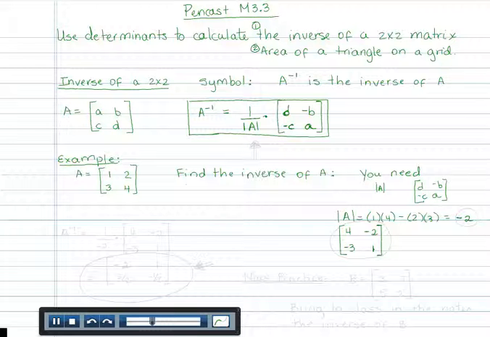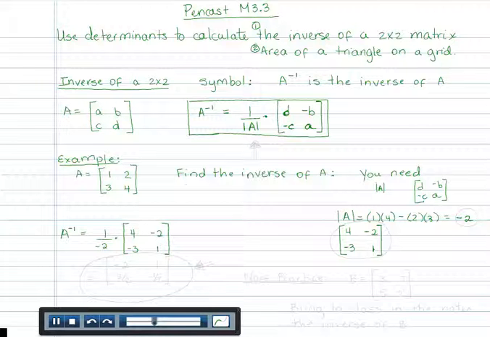Alright, now we have the two pieces of information that we need in order to calculate A minus 1. A minus 1, or the inverse of A, is going to be 1 over negative 2 times this matrix, the one that we just built. And what you do is you multiply, this is scalar multiplication, all of these numbers inside the matrix by 1 over negative 2.